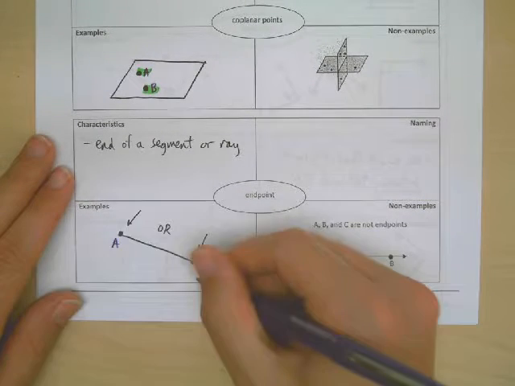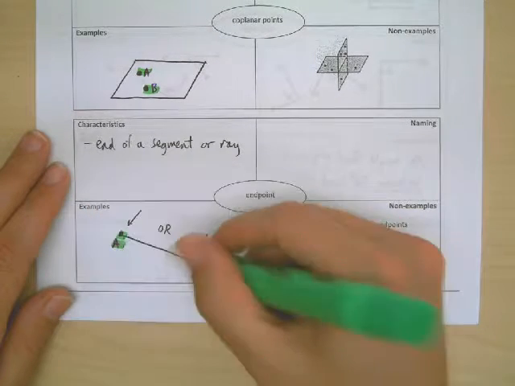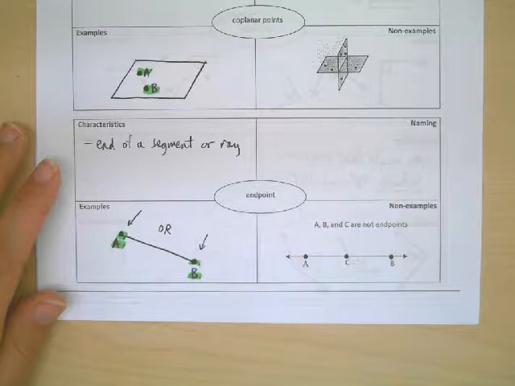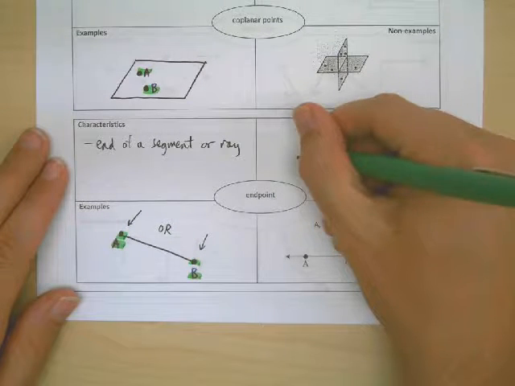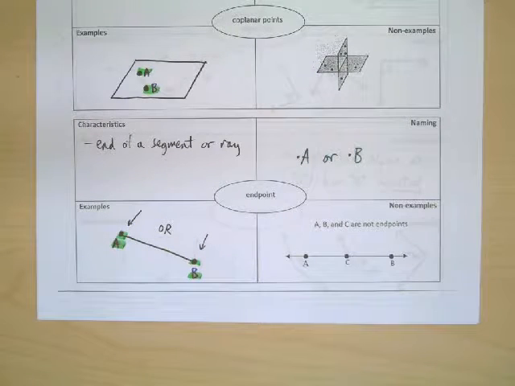I'm going to label these with capital A and capital B. Again, we're just going to list these points. This time I'm going to use the or between them because we could be talking about one or the other being an endpoint.